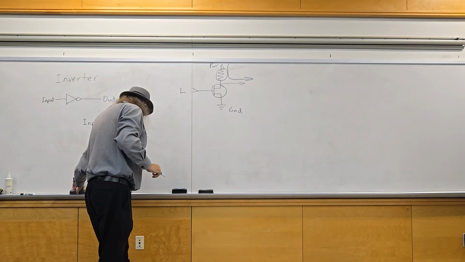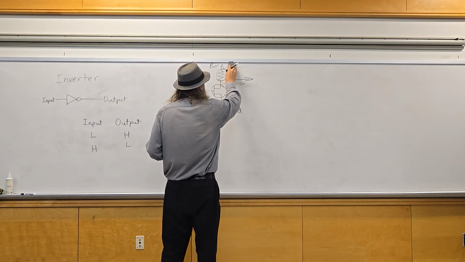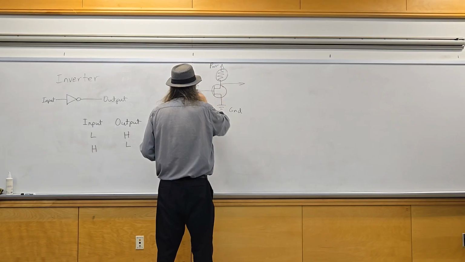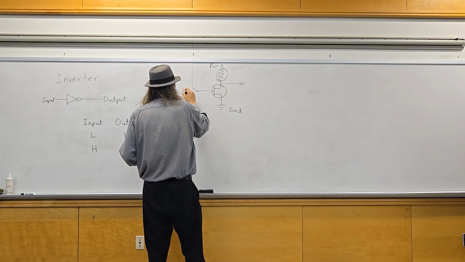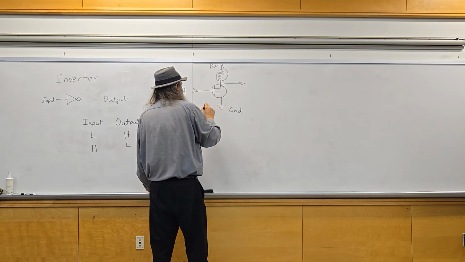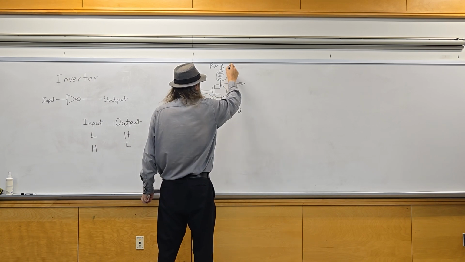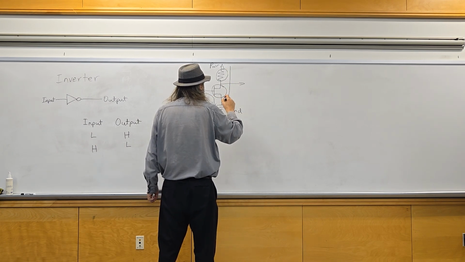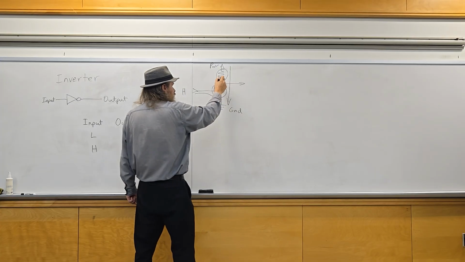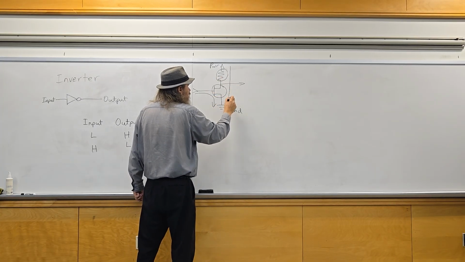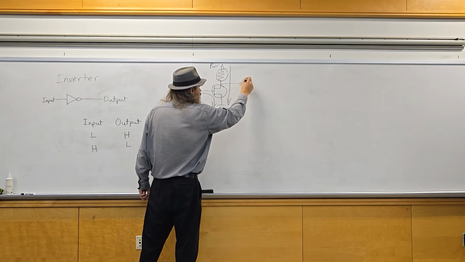Whereas if the input is high, power goes this direction. This creates a short circuit here between the resistor and ground, which in turn pulls the output low.